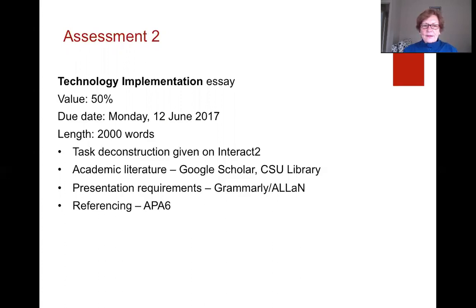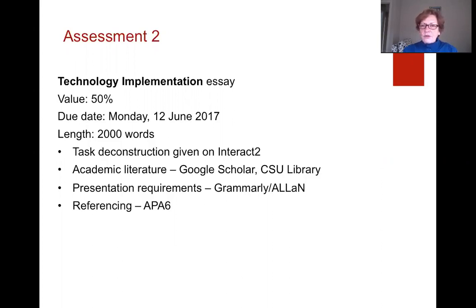The task is deconstructed in Interact 2. This task, once again, requires academic literature, articles from journals that you can find in Google Scholar and CSU Library. Certainly not newspaper articles or something that you might have read on someone's blog, but proper academic literature is what we're looking for here.